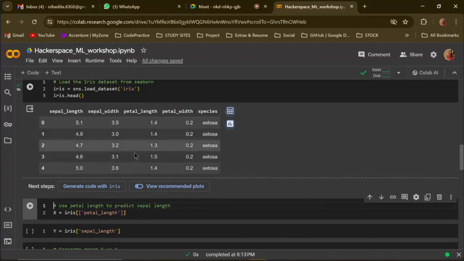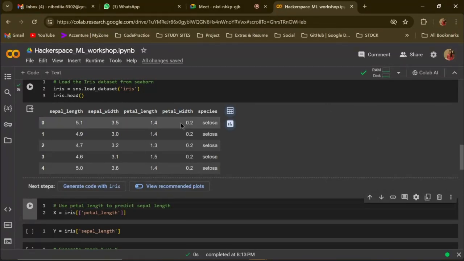Now tell me which of these two, the petal length and sepal length, is my independent data and which is the dependent data. Petal length independent, sepal length dependent. Very good.